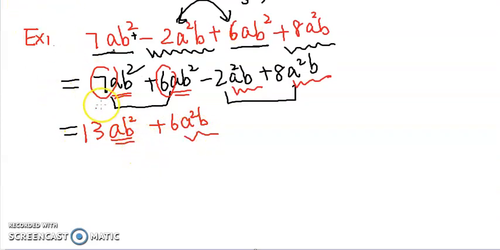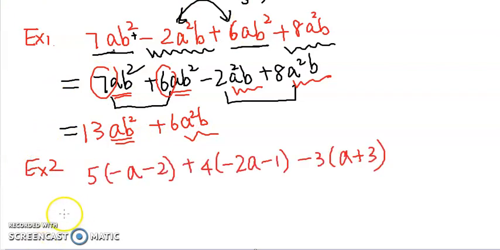Next example, we're going to put parentheses in the problem. Now if we have parentheses, if we follow the order of operations, we're supposed to work out what's in the parentheses. So we're supposed to do negative a minus 2, negative 2a minus 1, and a plus 3. But, as we said before, when you add or subtract variables, we must make sure they're like terms.